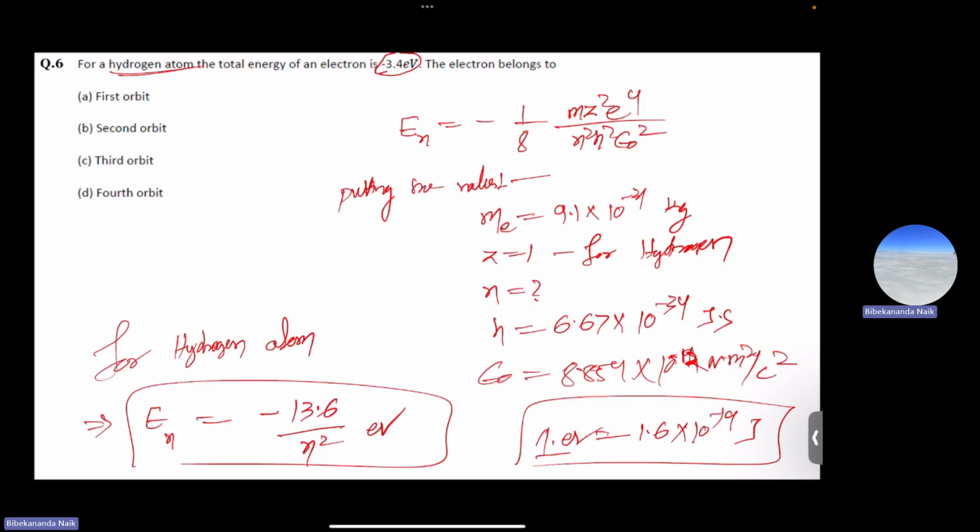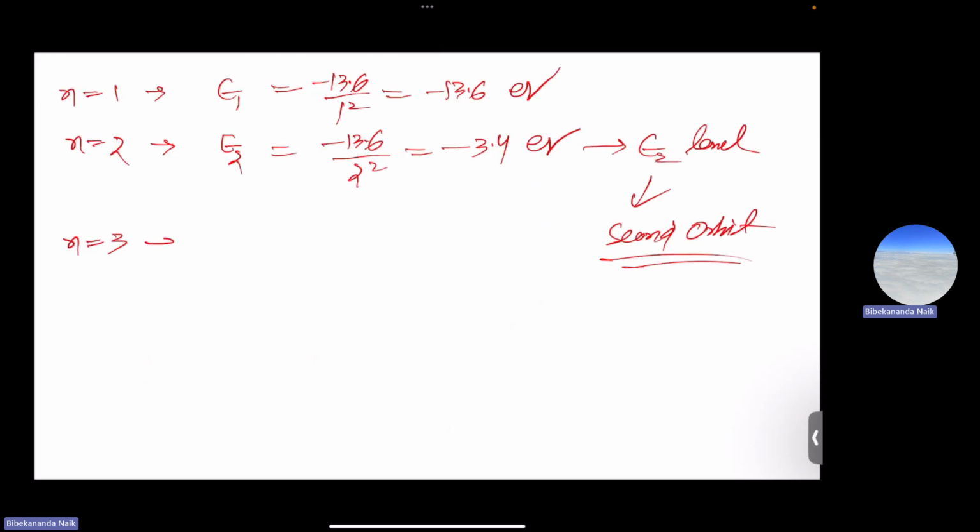So the correct option will be option B, that is second orbit, because if the electron were present in the first orbit, the energy of the electron would be minus 13.6 electron volt. In case of second orbit, it will be minus 3.4 electron volt. Similarly, in case of third orbit, E3 is minus 13.6 divided by 3 square, which is minus 13.6 by 9, that is roughly minus 1.51 electron volt.